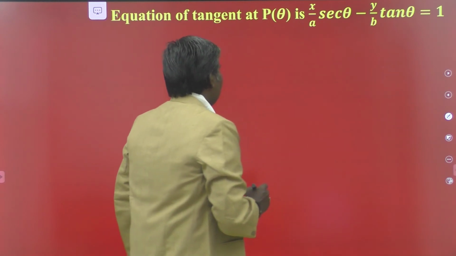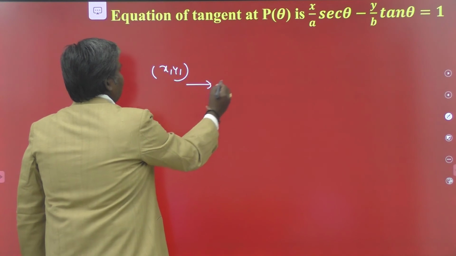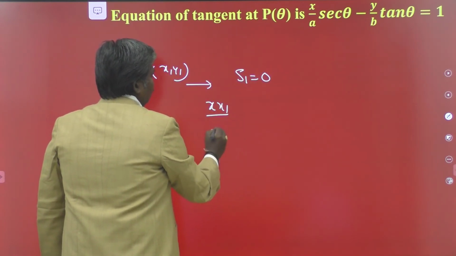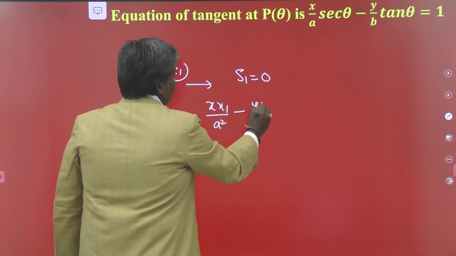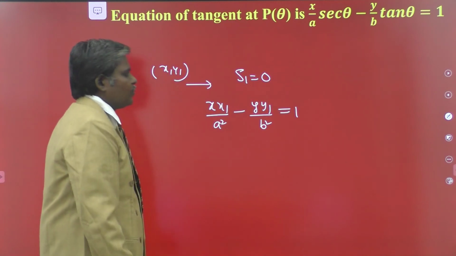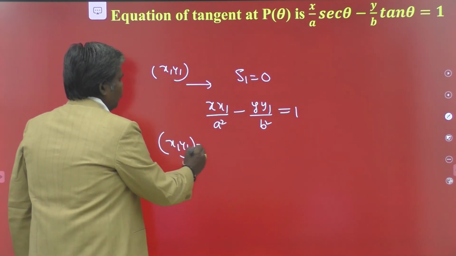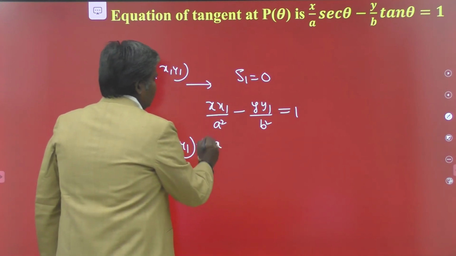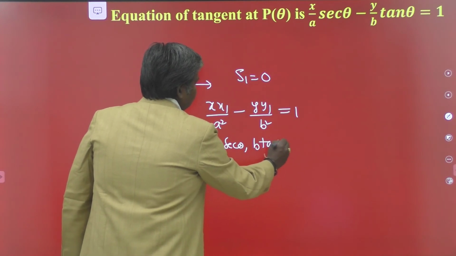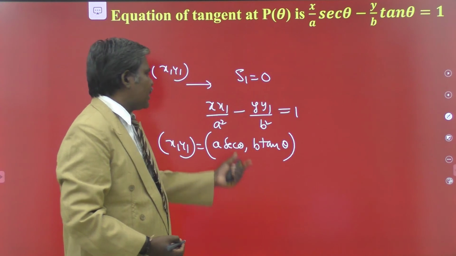Now, what is the equation of tangent at (x1, y1) to your hyperbola? That is S1 is equals to 0. What is your S1? x x1 by a square minus y y1 by b square minus 1 equal to 0, or equals to 1. But what is your (x1, y1) here? (x1, y1) is in the parametric form, that is a secant theta comma b tan theta. So this is the parametric point. P(theta) we mean (a secant theta, b tan theta).